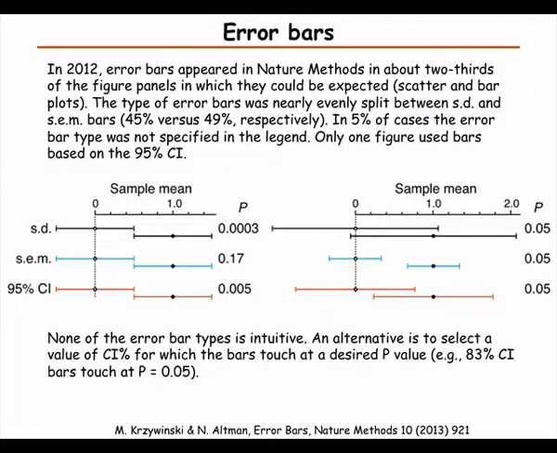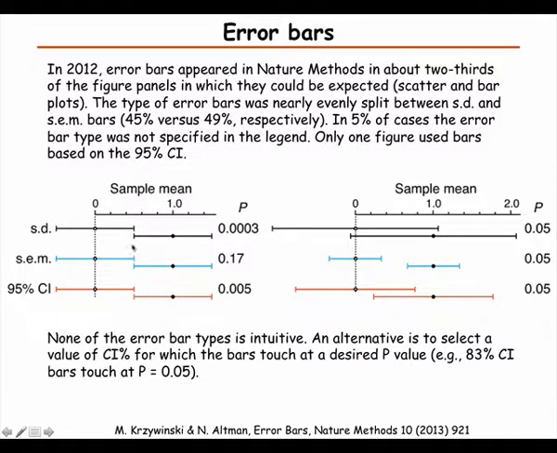If we first look on the left here, it shows standard deviation, standard error of the mean, and 95% confidence interval. It shows what the p-value is for when the error bars touch.